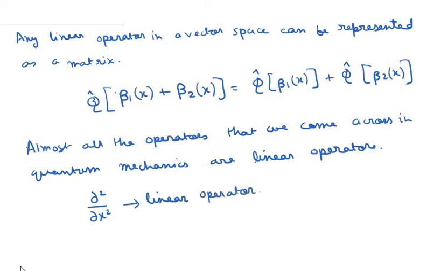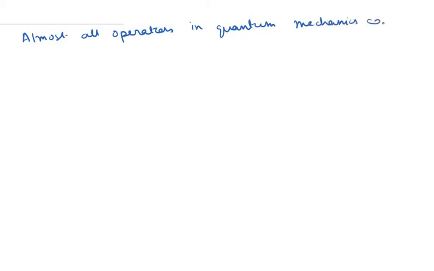So fortunately almost all the operators that we come across in quantum mechanics are linear operators, and therefore almost all the operators in quantum mechanics can be represented in the form of a matrix.